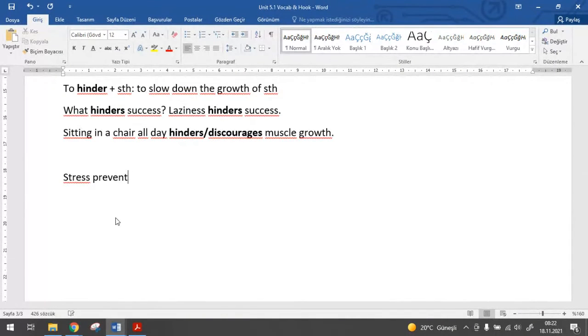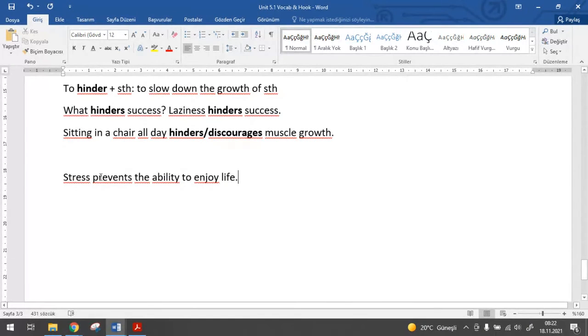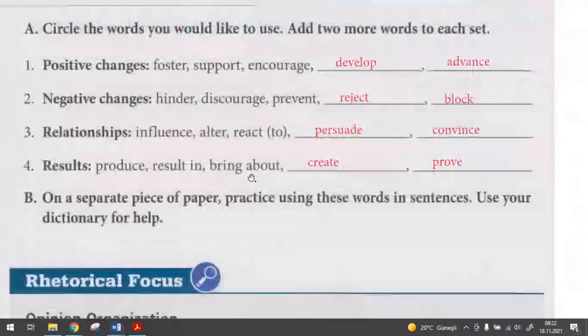Stress prevents the ability to enjoy life. Yeah, that's a negative change. So it stops a person from being able to enjoy life.